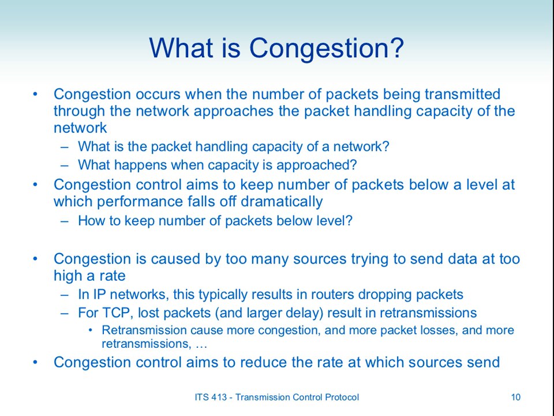Not necessarily 100. If our capacity is 100 and we start to send in at 90, 95, 96, 97, we can start to get congestion, packet losses. It doesn't have to be the same as the capacity because there's some randomness in there. So in practice, as the input data approaches the capacity, congestion occurs. Therefore, we want to keep the amount coming into the network below some level at which congestion occurs. What is that level?